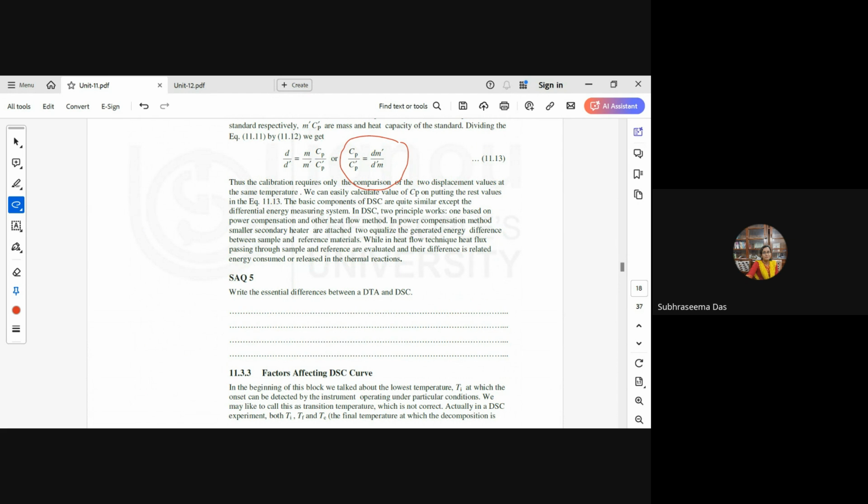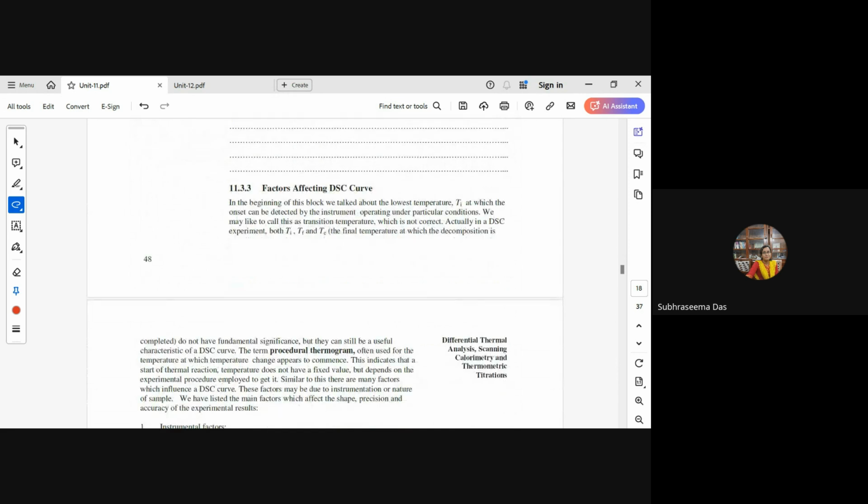Now coming to the various factors that affect the DSC curve. When we start a DSC measurement, the Ti, that is the initial temperature, most commonly called the onset temperature, can be detected by the instrument operating under particular conditions. We may like to call it the transition temperature.